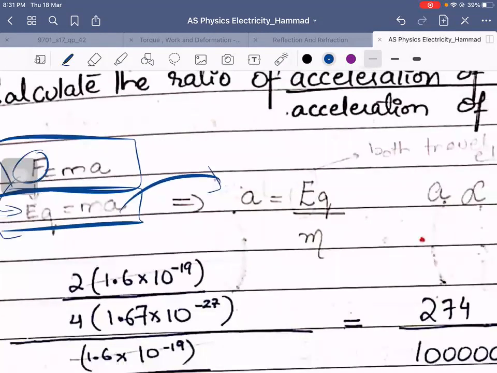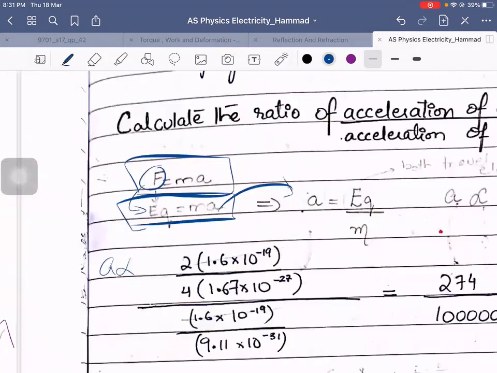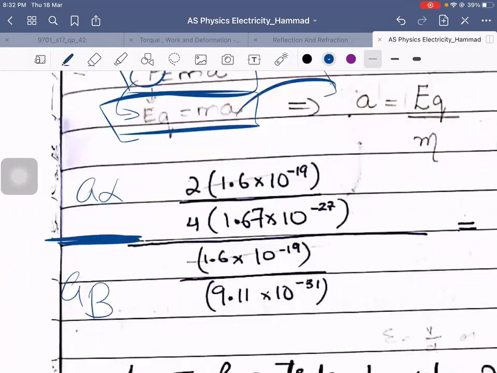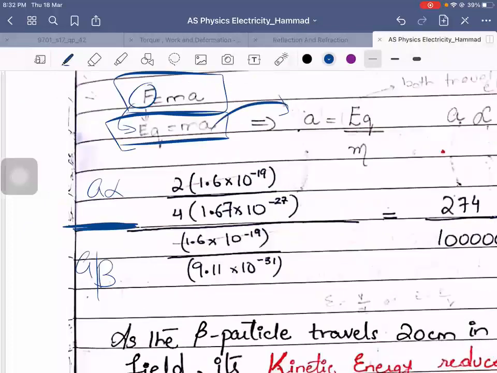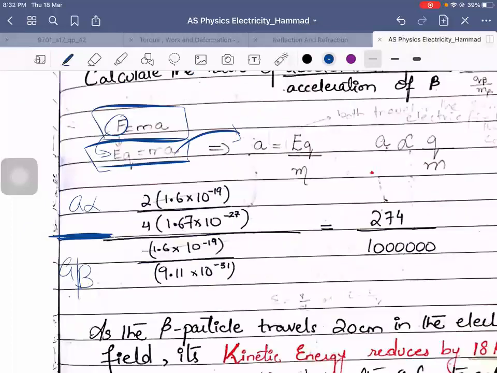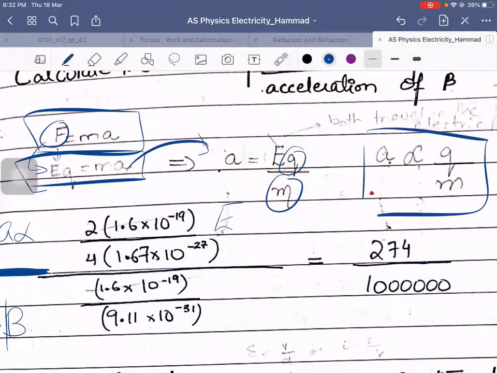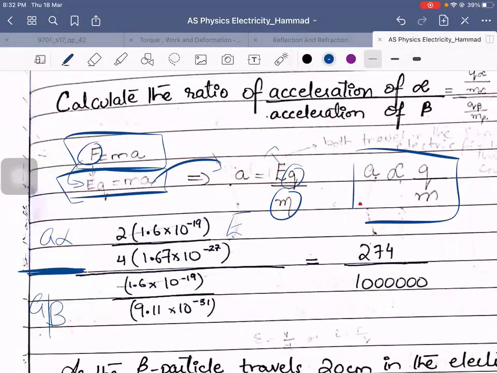So acceleration of alpha upon acceleration of beta, E is a constant value. You see charge to mass ratio. Acceleration is directly proportional to the charge to mass ratio. Electric field through which both of these particles were accelerated was the same, so that gets cancelled off.